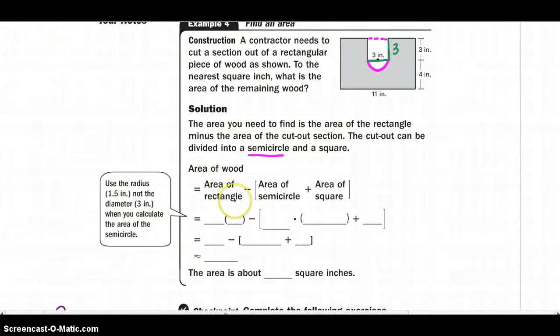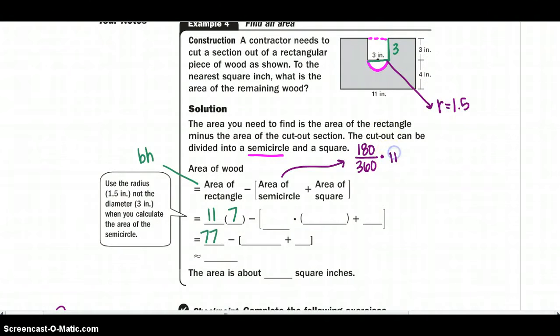So the area of a rectangle we can easily find by base times height, right? So I would say 11 times 7, which would give me 77. And I'm going to subtract the area of my semicircle. So my sector of my circle that I need to find is 180 degrees, and I'm going to put that over 360 using that equation times the area of my circle. Well, I know from that my radius would be half of 3, so my radius equals 1.5.